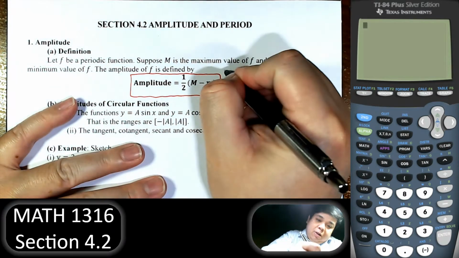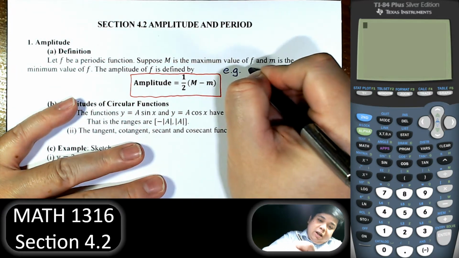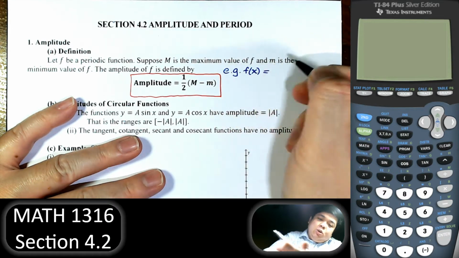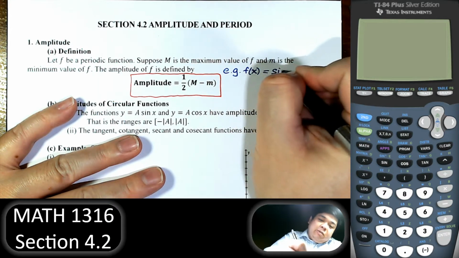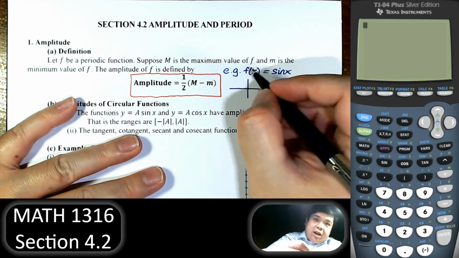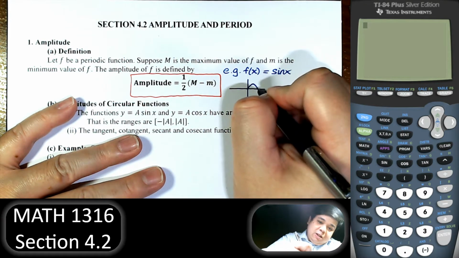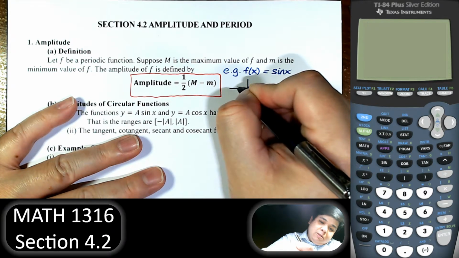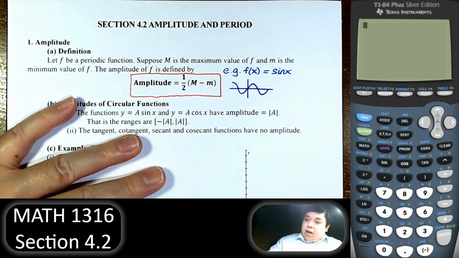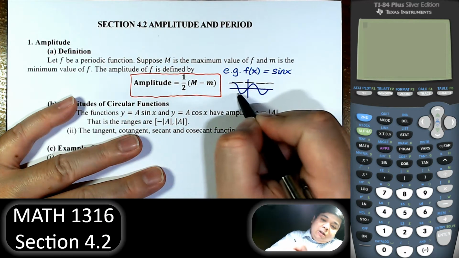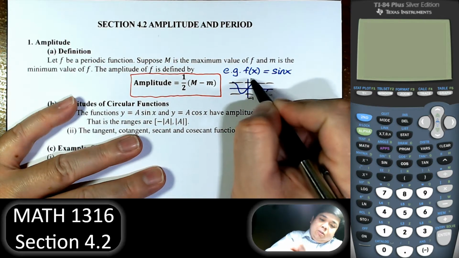An example of that: if we have a function equal to sine or cosine, let's say sine of x, the graph of sine x is bounded between -1 and 1.